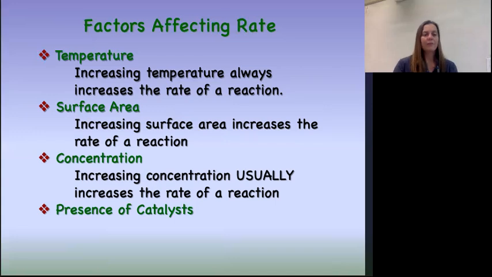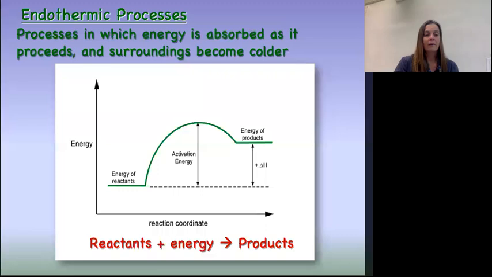And then, of course, the presence of a catalyst. So a catalyst always makes a reaction go faster. And the way that a catalyst does that is usually by providing an alternative pathway. So if we go back to these reaction coordinate diagrams, if we provide an alternative pathway that has a lower activation energy, that means more of our collisions are going to be effective.